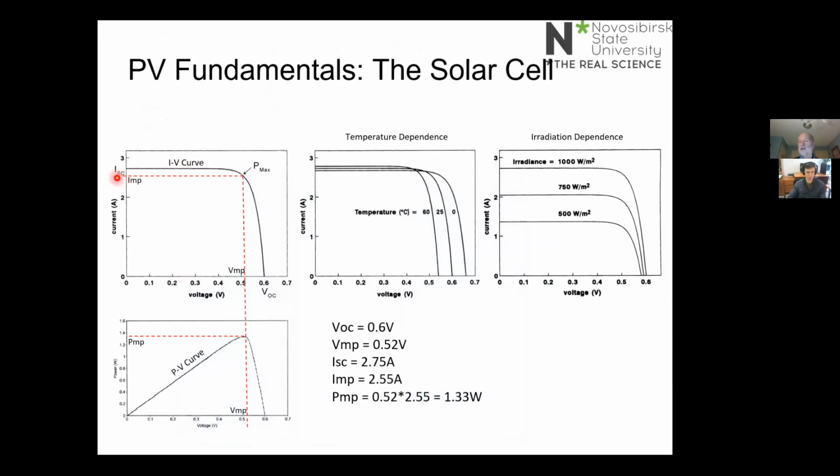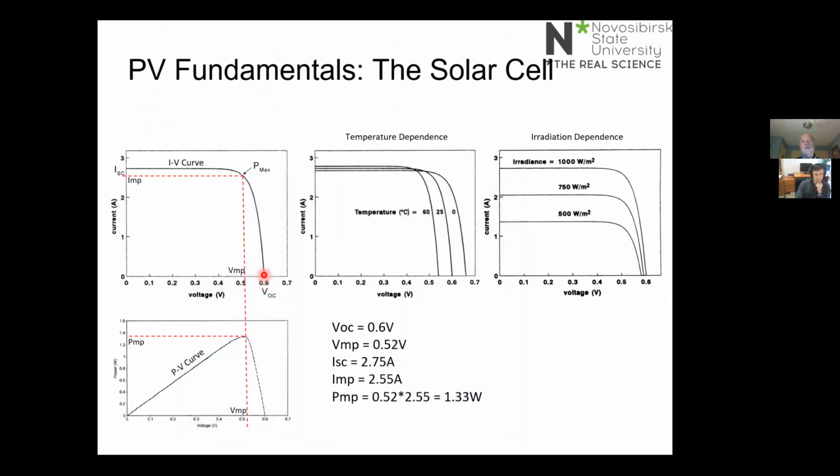SC stands for short circuit. So this is the short circuit current in the cell, and the short circuit current is the maximum current that cell can have. And if we go down to the x-axis, we see the open circuit voltage.